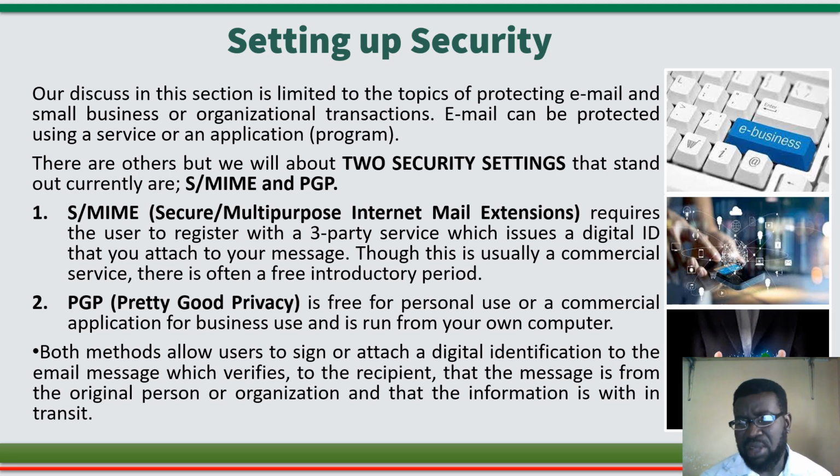There are others apart from what we just listed, but we'll be talking about just two security settings that stand out currently, and they are S/MIME and PGP. Now you may ask, what do these acronyms mean?